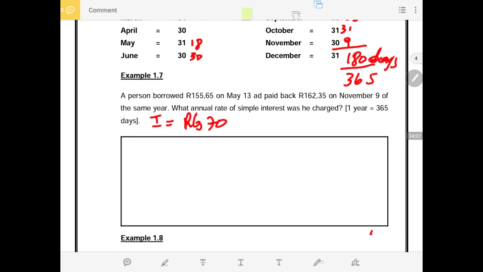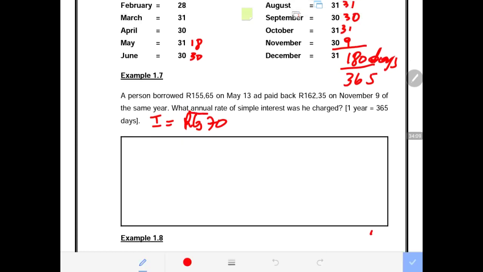So now we are required to calculate the annual rate of interest, which is the interest rate. So we know that our I is 6 rand 70. So we can use our formula that says interest equals I over amount invested times N. Very easy. So now we just do our substitution.